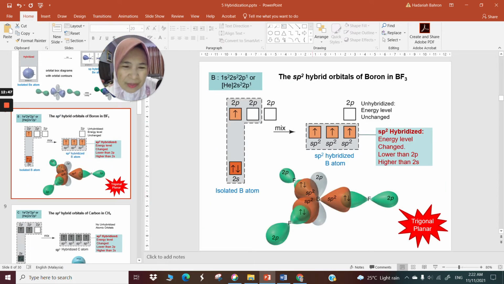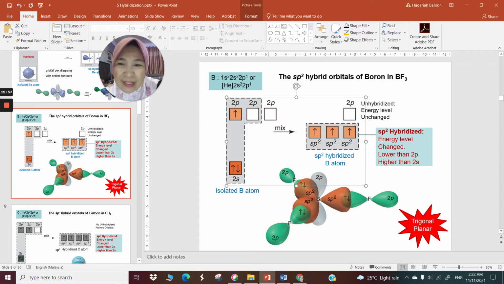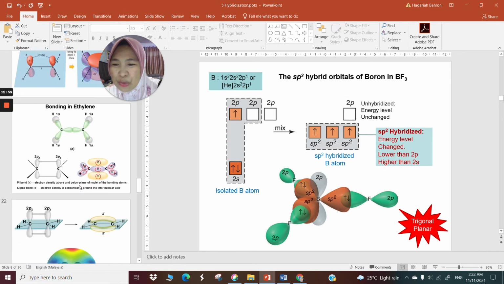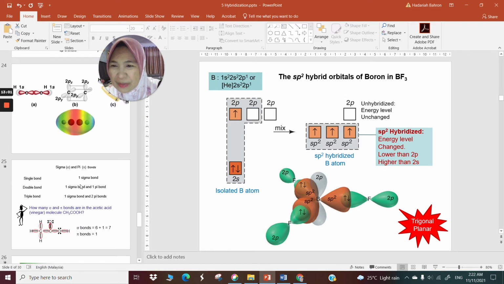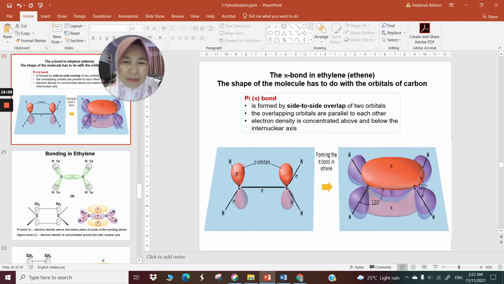Imagine that is your carbon and your hydrogen, and then there's another carbon. You have the 2py, this one here, the unhybridized. These 2py orbitals that are parallel to one another, they are going to also overlap, but they're overlapping side to side.